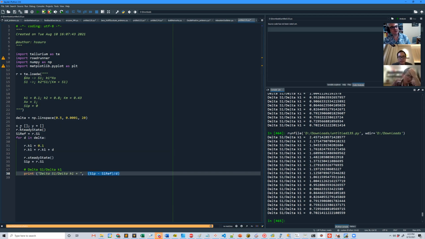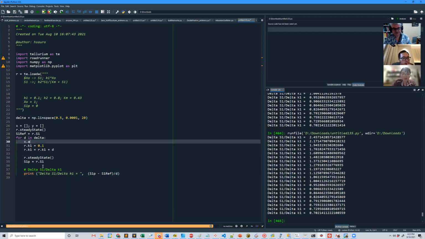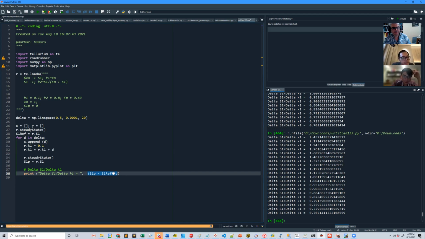So the x-axis is going to be delta, I guess. So x append d, and then this. Call this ratio, okay?